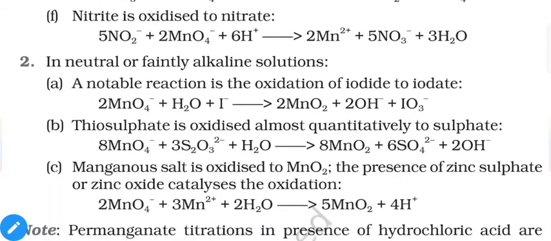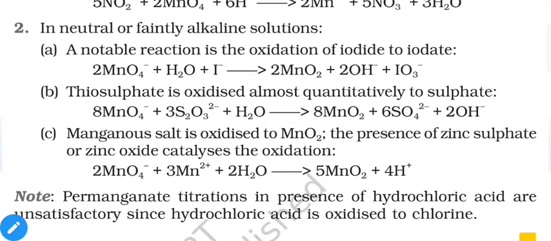Now next, in neutral or faintly alkaline solution, the same compound can give different types of reactions in different types of medium. As we can see in this case, here we have MnO4- plus H2O plus I-, which gives MnO2 plus 2OH- with IO3-. So iodide to iodate.